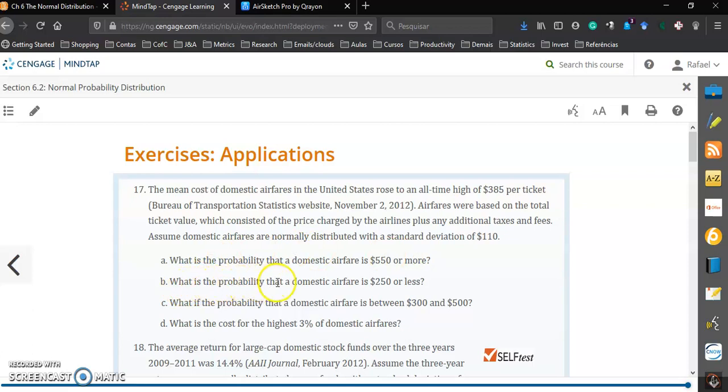Let's work on this one. What's the probability that a domestic airfare is $250 or less? Let's follow the steps I proposed for you to use. The first step is to take notes about the mean, which is 385, and the standard deviation of 110.